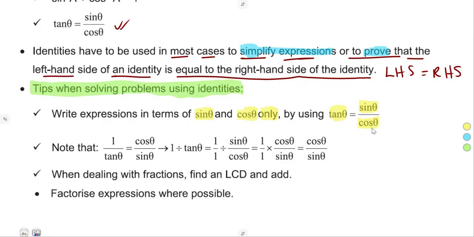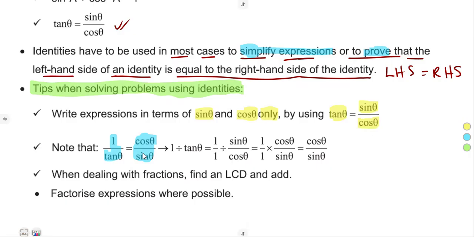And the reciprocal of that tan, 1 over tan theta: as tan theta is sine over cos, for the reciprocal you just interchange, cos over sine. This is the reciprocal, 1 over tan theta.